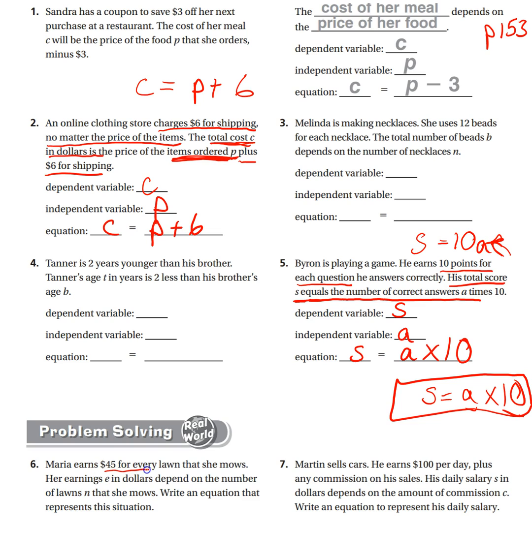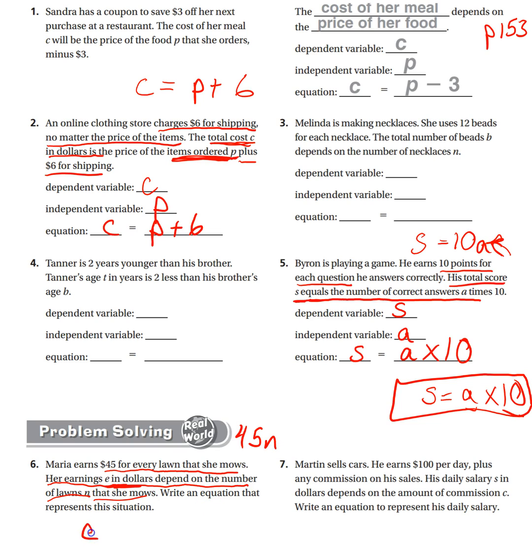Maria earns $45 for every lawn she mows. So 45 for every lawn she mows. I'm going to use M for mows. Her earnings, E, so her total amount she gets, depends on the number of lawns, oh, so they told me to change that to N. So I will. That she mows. Write an equation.